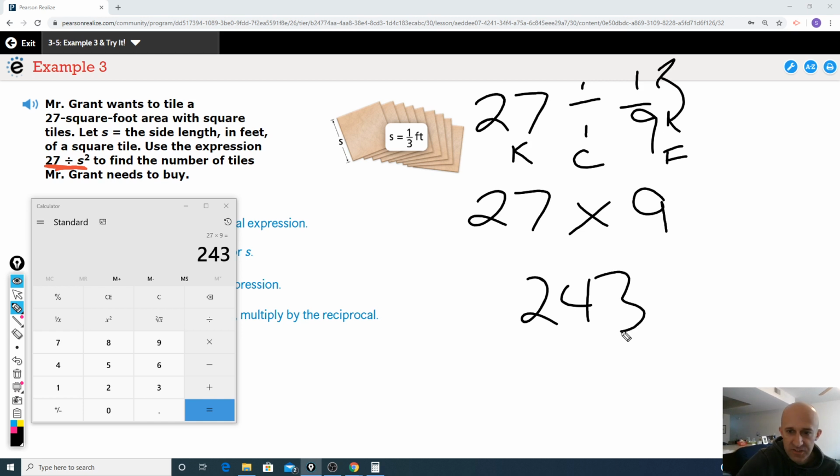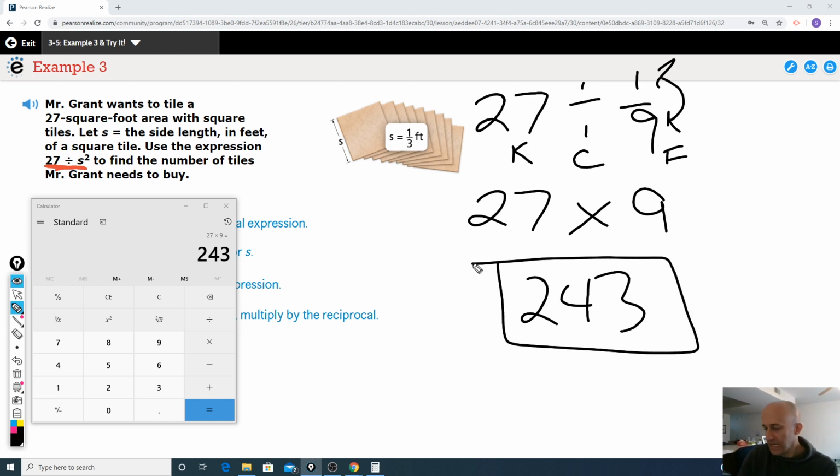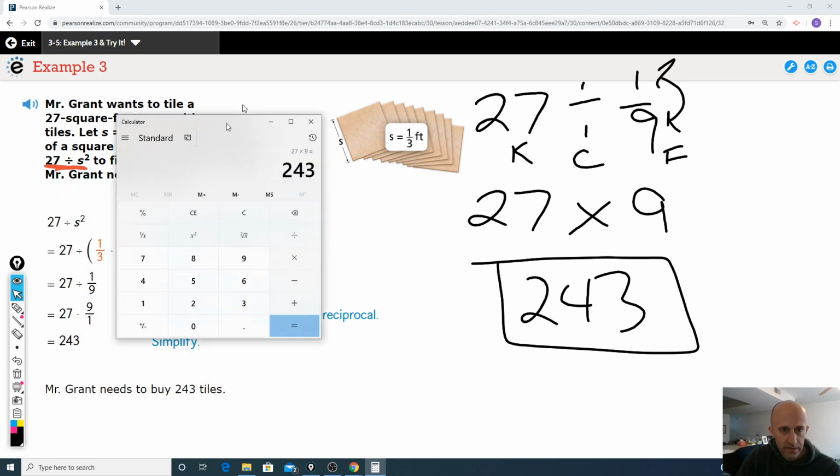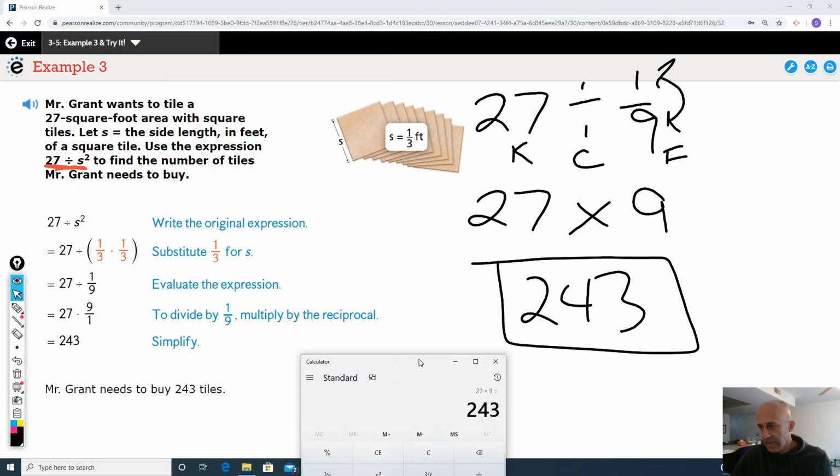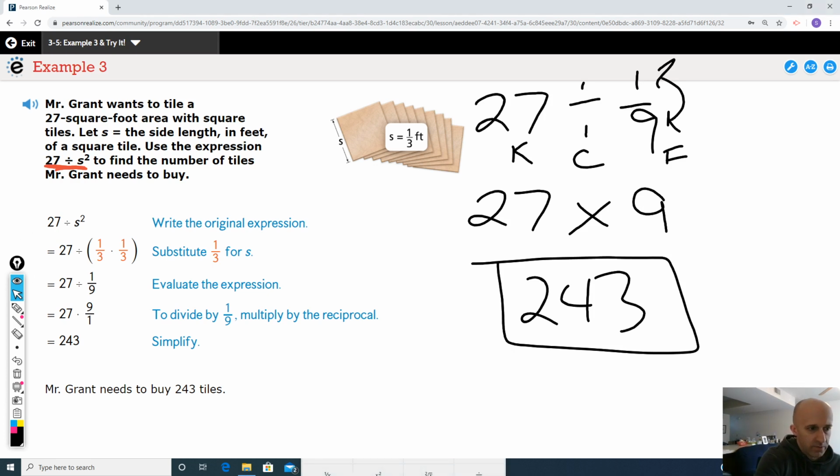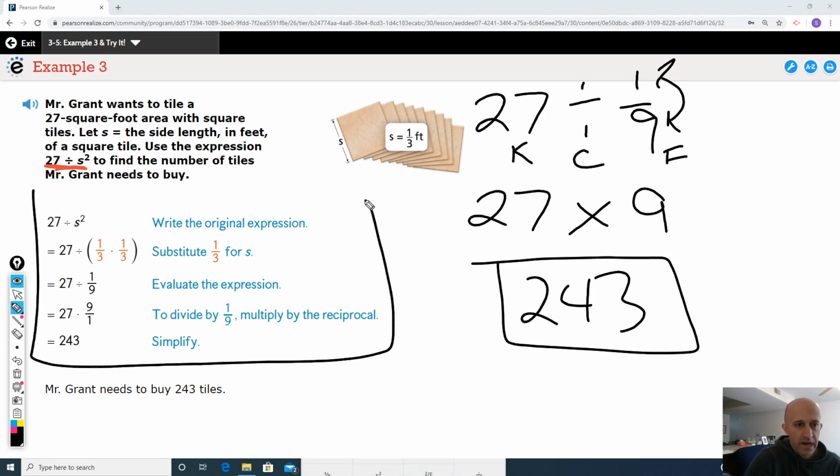So how many tiles does Mr. Grant need to buy? He needs to buy 243 tiles. And it tells you right there, it breaks it down. I know I covered it up with the calculator just to be funny with that. No, it actually isn't really that funny, but we ran through this whole scenario right here.